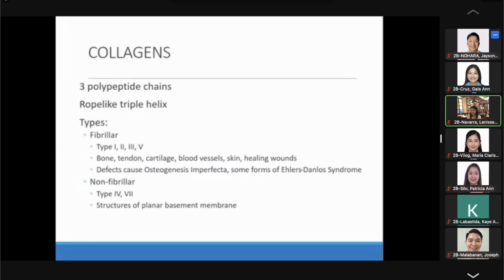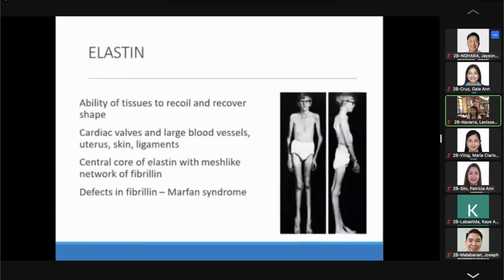A defect in these causes osteogenesis imperfecta and some forms of Ehlers-Danlos syndrome. The non-fibrillar are types 4 and 7, which are structures of planar basement membranes.